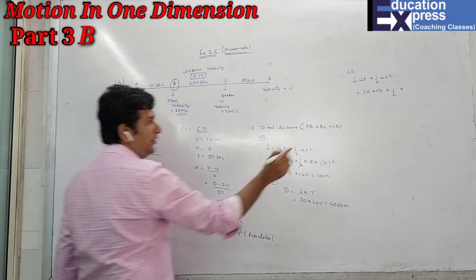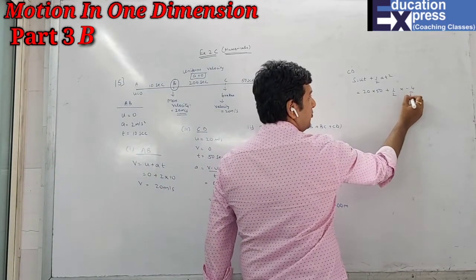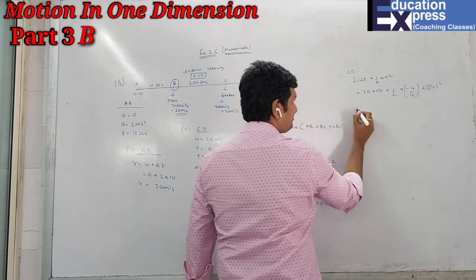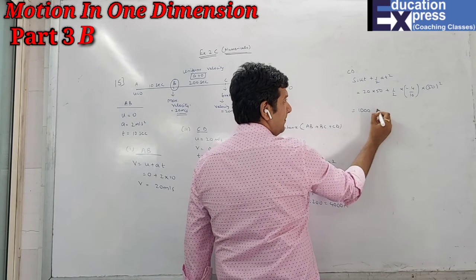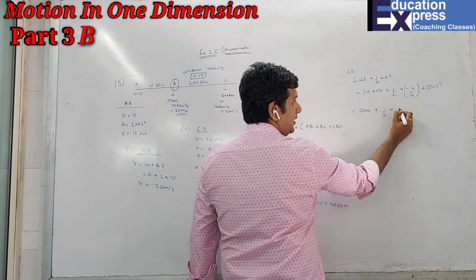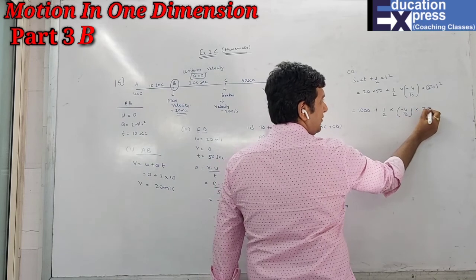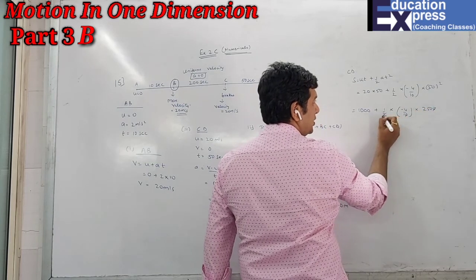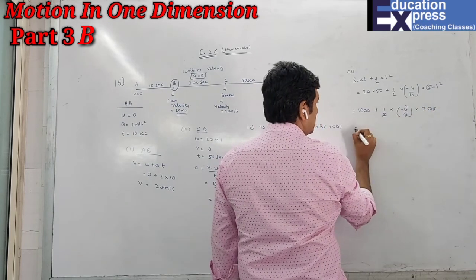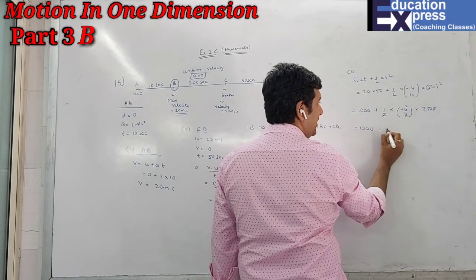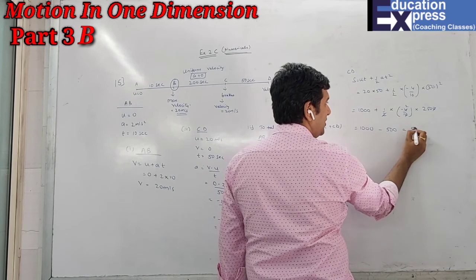Retardation is minus 0.4, which I can write as minus 4 upon 10. And time was 50, whose square is 2500. So 1000 plus half into minus 4 upon 10 into 2500. 0 will get cancelled. 2 ones are 2, 2 twos are 4. So 1000 minus 500. Hence the answer is 500 meters.